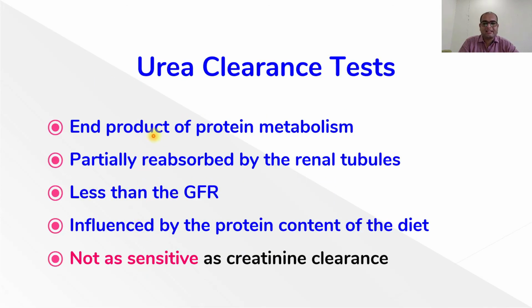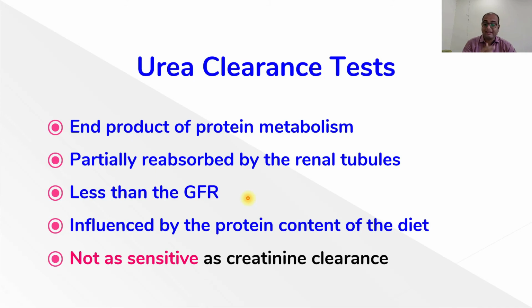Now coming to urea clearance. Urea is an end product of protein metabolism, and the problem is that it is partially reabsorbed by the renal tubules. So the actual value is always less than GFR, and the influence of protein content is very high. If you have taken a high amount of protein, your urea clearance will be higher compared to the regular.